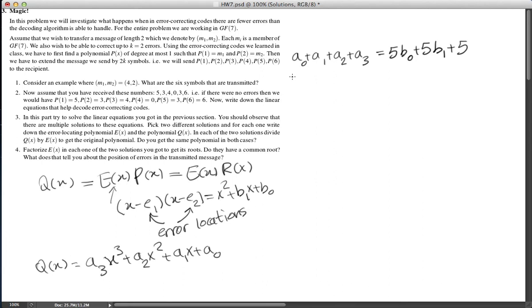What about x equals 2? Well, for that one you get a0 plus 2a1 plus 4a2 plus 8a3, and since we're working mod 7, 8 is the same thing as 1, so you get a3 here.